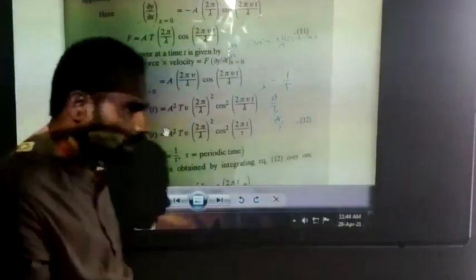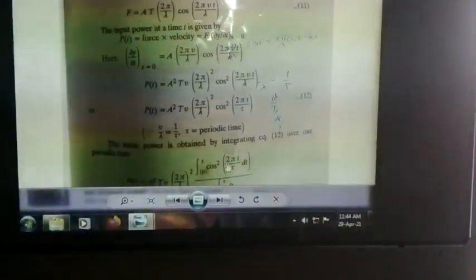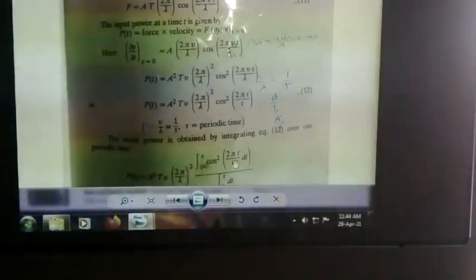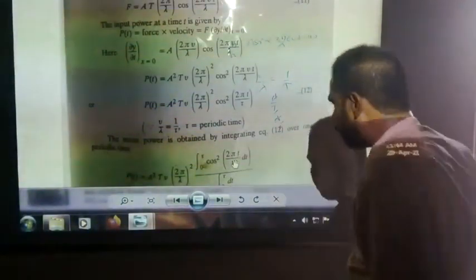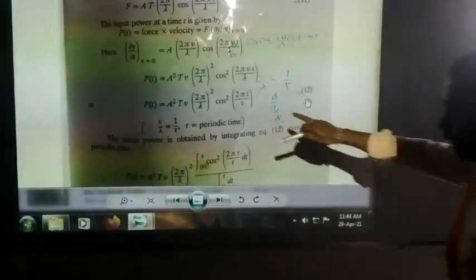So just substitute, in place of v by lambda, we substituted 1 by tau here.